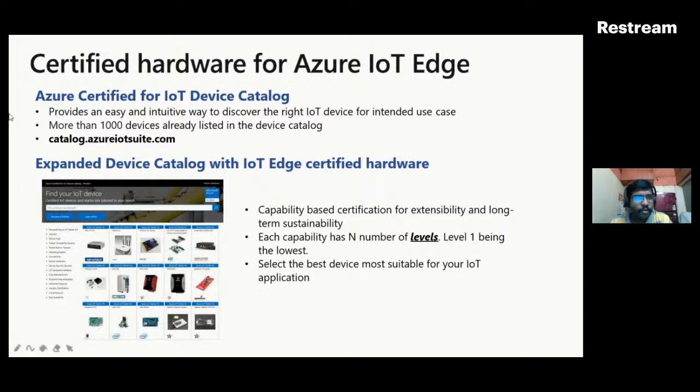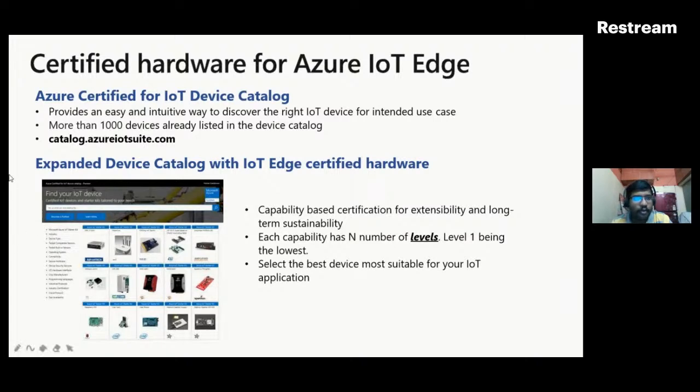Next one is certified hardware for Azure IoT Edge. What is certified? We have a website called catalog.azureiotsuite.com, where Microsoft displays everything about what kind of software and hardware has to be used for these use cases, and they are certified by us.